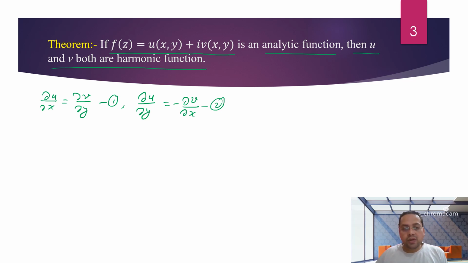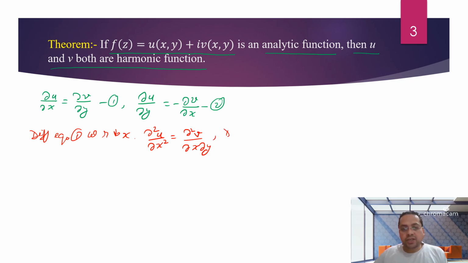Now differentiating equation 1 with respect to x on both sides, we will get del square u over del x square is equal to del square v over del x del y.